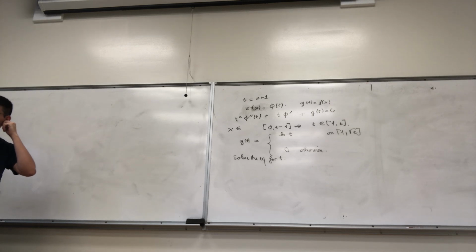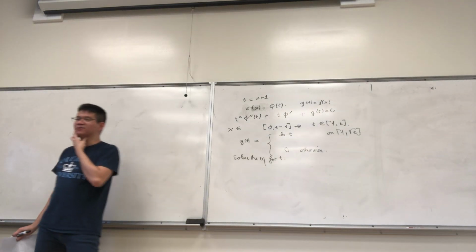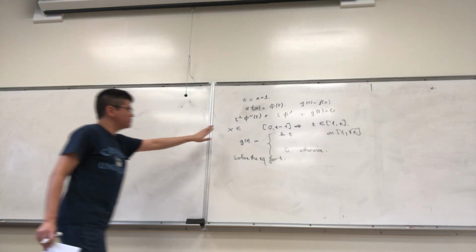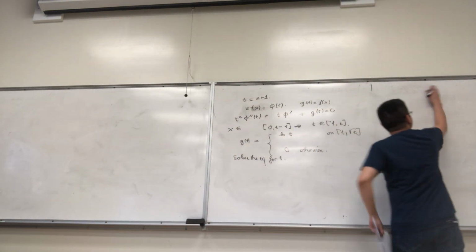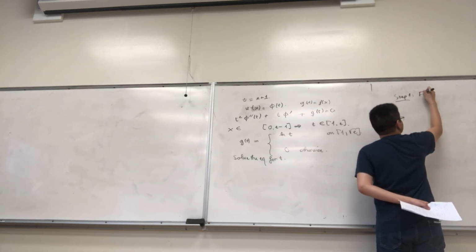What is the operator in this case? Yes? The strategy is to solve the eigenvalue problem, right? So the first thing that I have to write out is, first step number 1, find the basis.